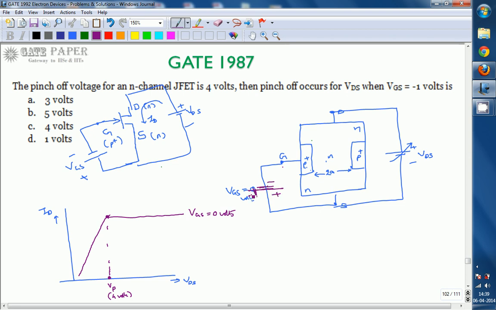By that time this gate-source junction becomes reverse biased. Since the gate is heavily doped, the depletion layer penetrates more into the lightly doped channel side. If you neglect the depletion region in the P plus side, the channel looks like this. This is what the channel now looks like.